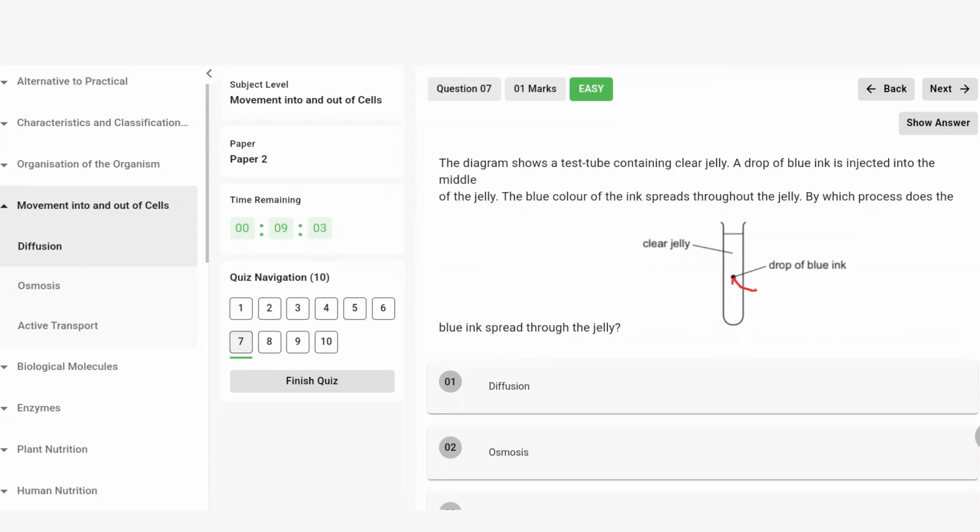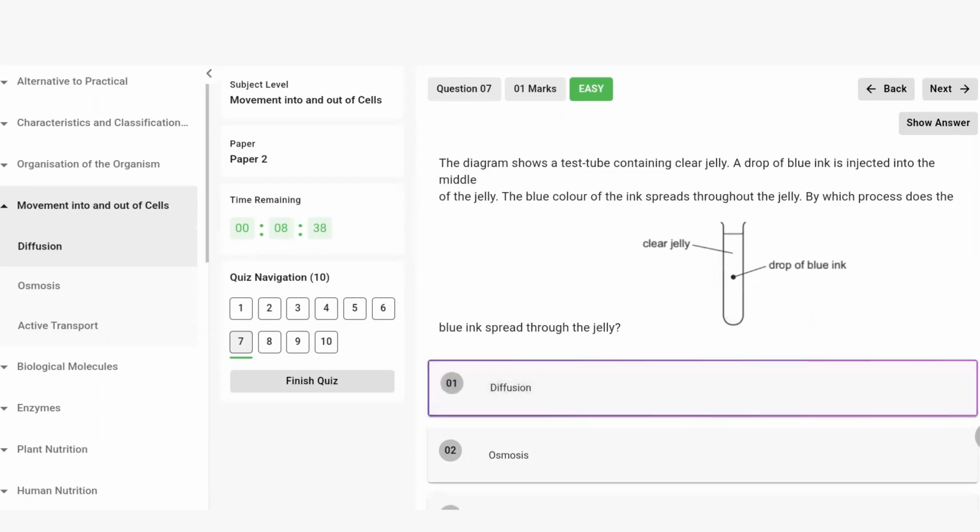This is the region having a higher concentration, and all the other regions are having a lower concentration. So the process where particles move from a region of higher concentration to a region of lower concentration is obviously diffusion. So that's the answer I'm going to choose.